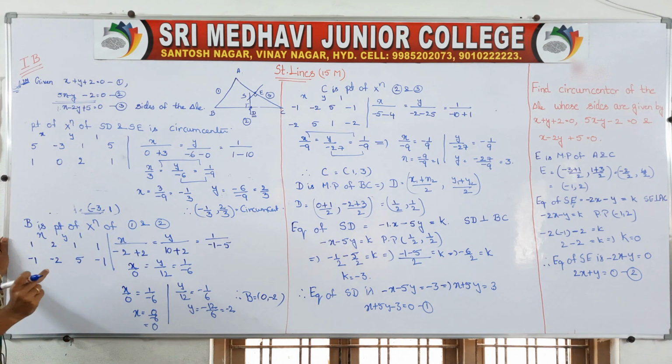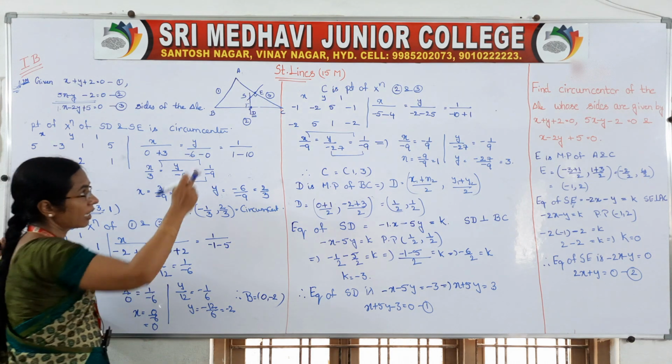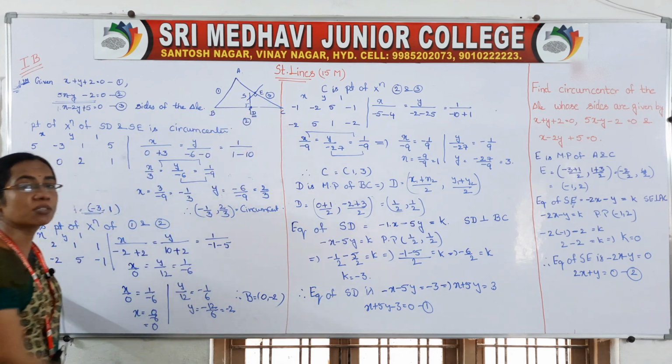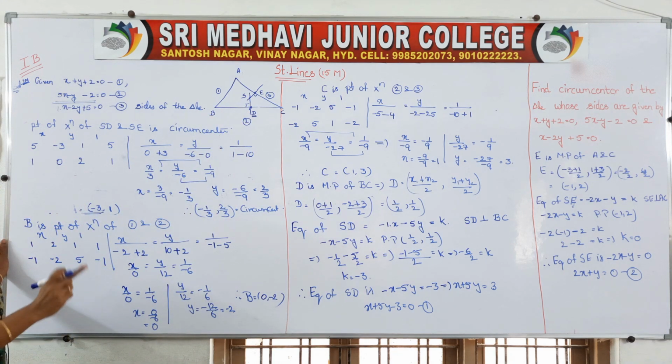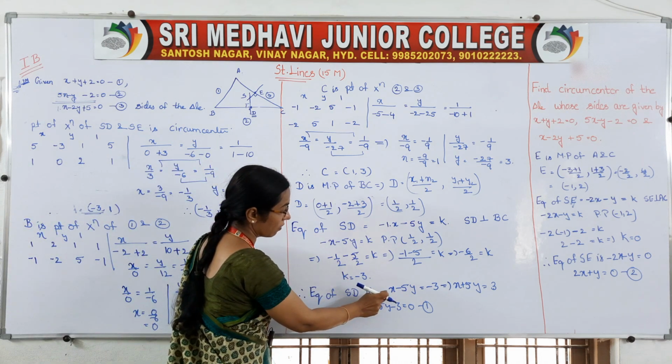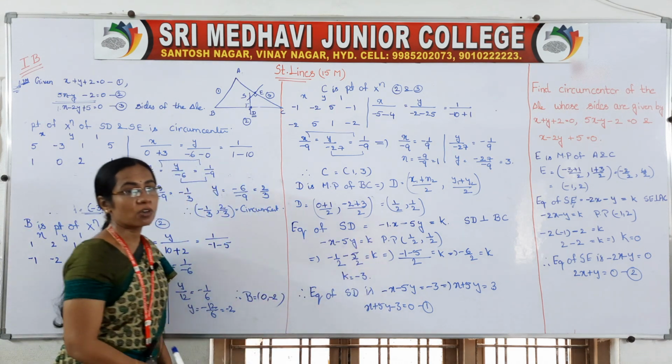Whenever we want to write a perpendicular line to a line, its x coefficient goes to y, the y coefficient comes to x, in the middle a minus sign, is equal to k. SD passes through D. If you substitute D, you will get your k value. After substituting that k value in the equation, you will get your SD.